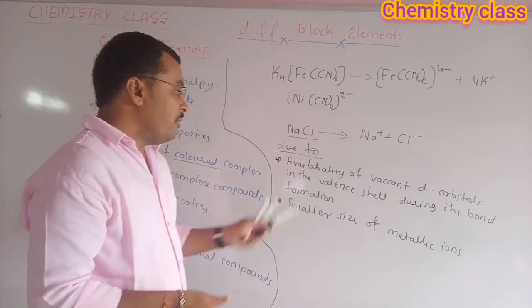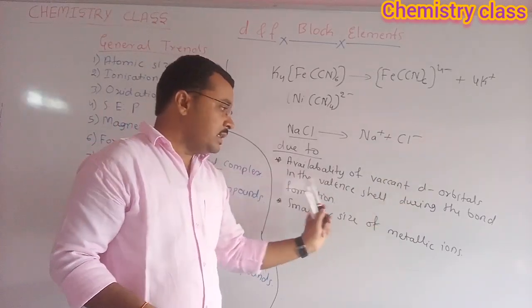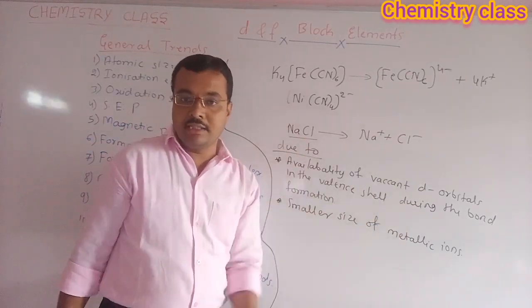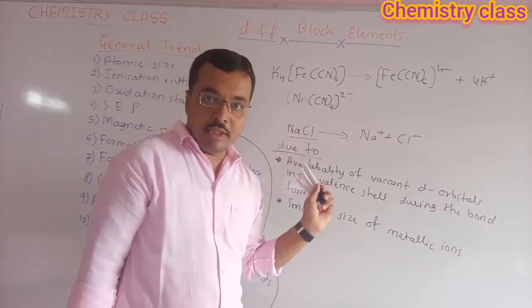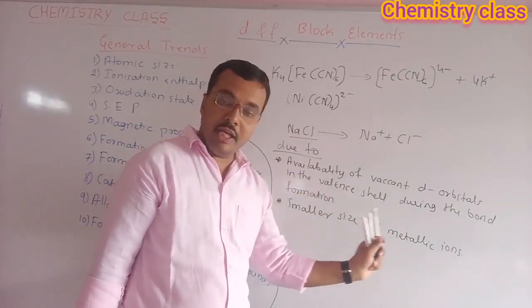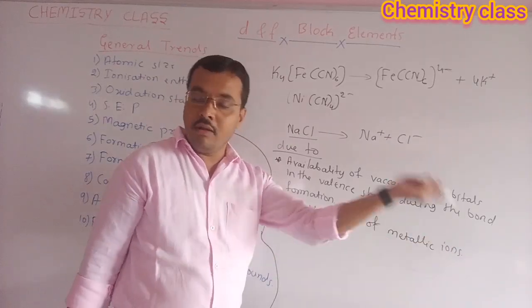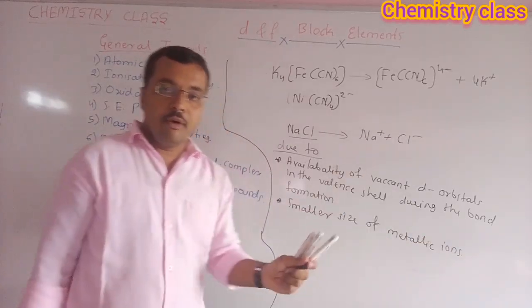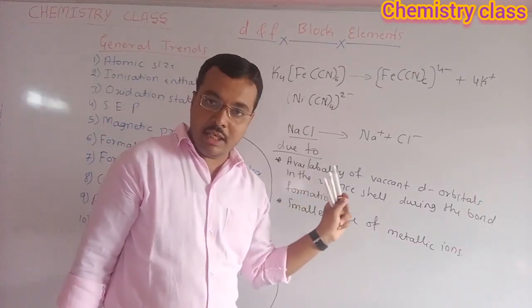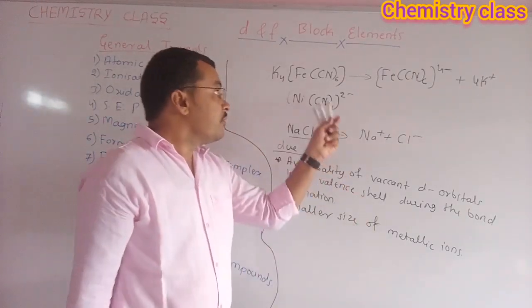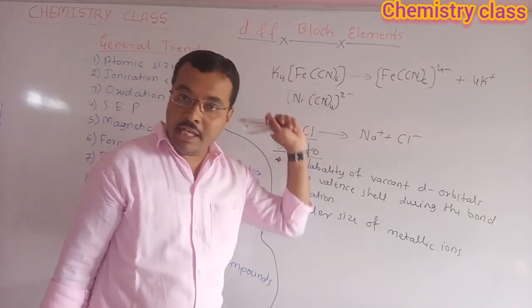It means in the valence shell there will be vacant d orbitals available during the formation of a bond, either a metallic bond or a covalent bond. Hence, the complex compounds will be formed.